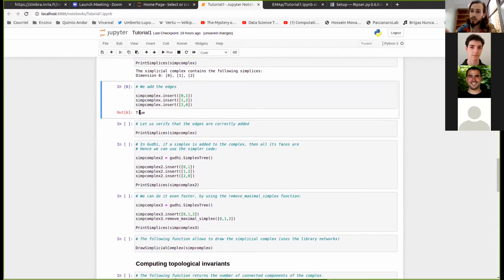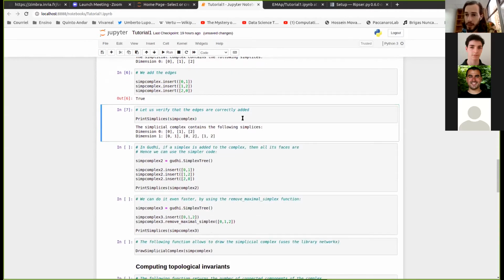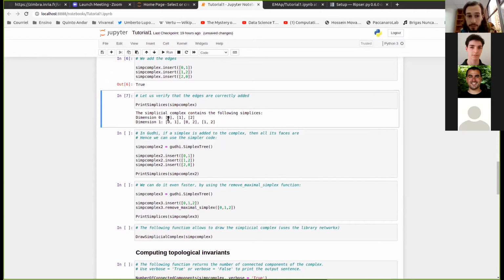That means that it has been able to add the simplices to the simplicial complex, and that the simplices were not already present. If they were already here, Gudhi would have said false. Okay. Now I verify that the edges are correctly added, and I see that my simplicial complex has all the simplices I wanted.